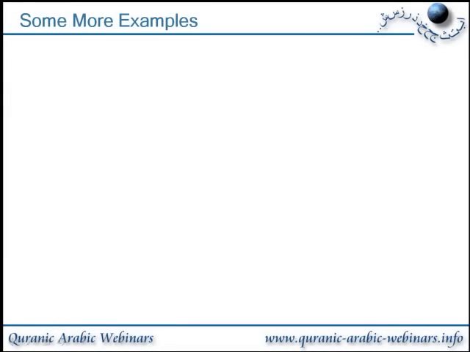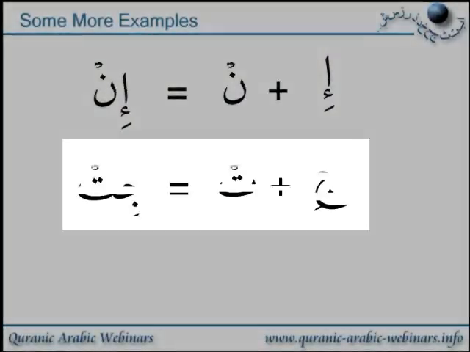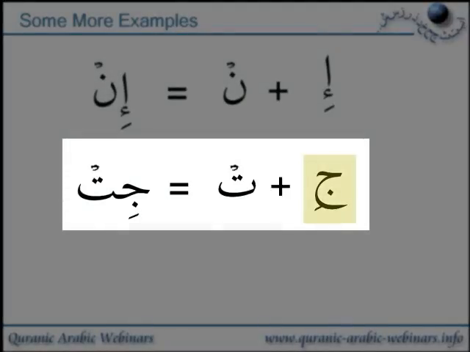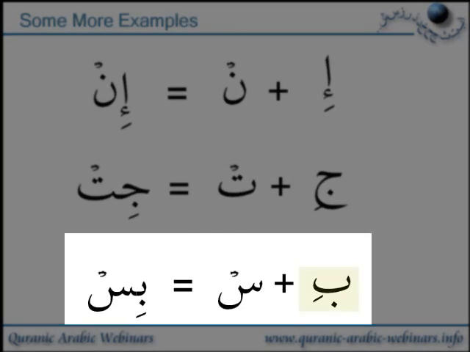Some more examples. Here we have the sound of i with the noon sakin giving the sound of in. Here we have the sound of ji with the ta sakin giving the sound of jit. And here we have the sound of bi with the seen sakin giving the sound of bis.